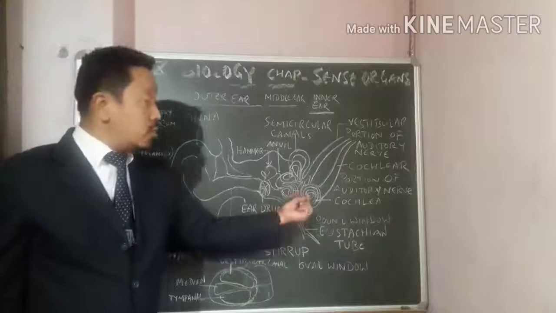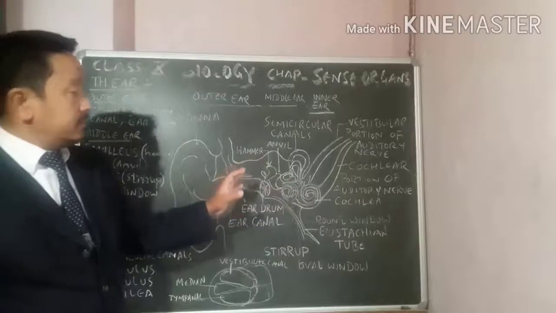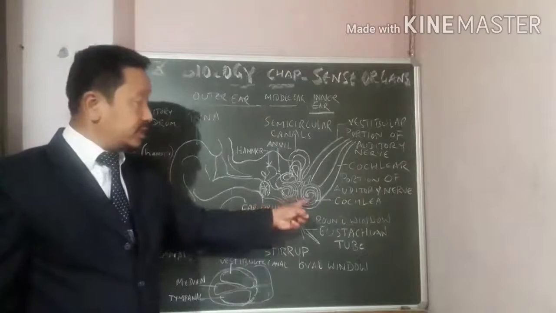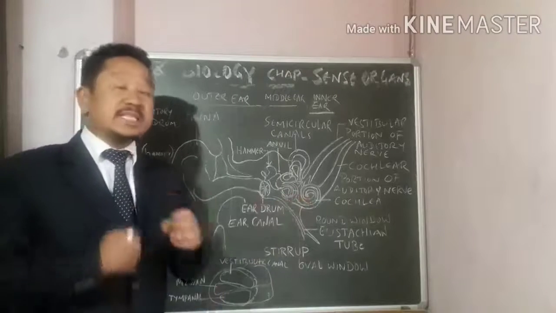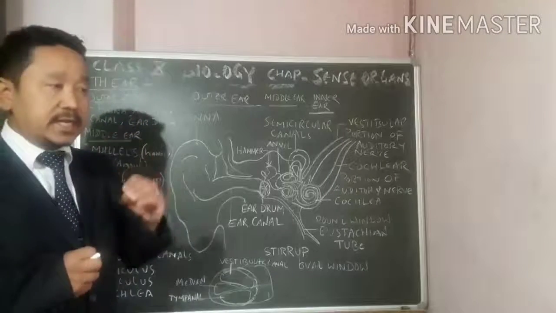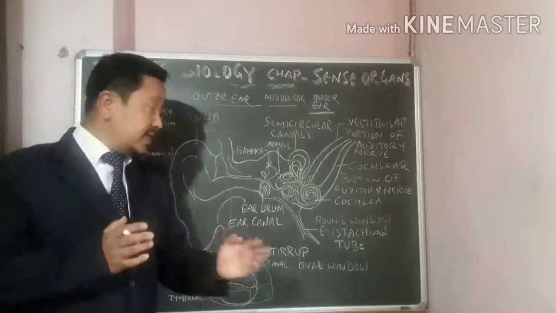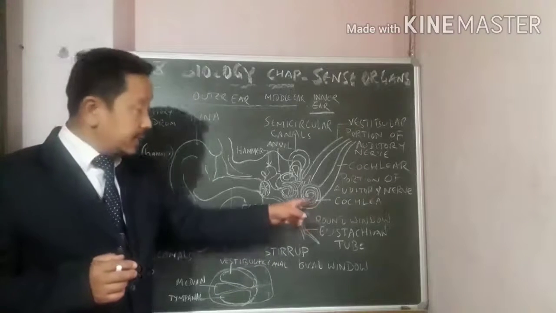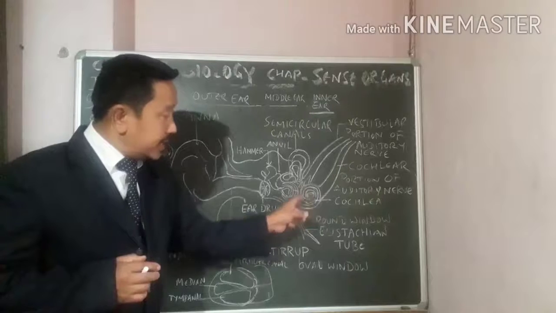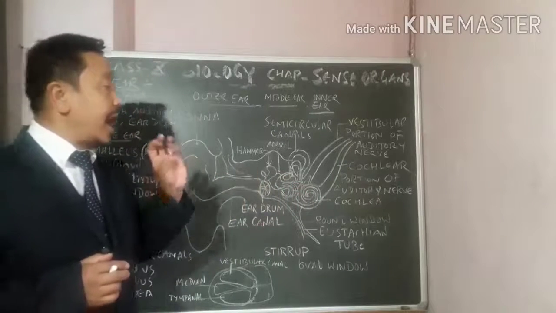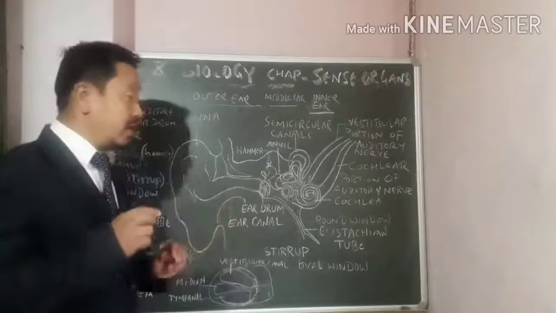This cochlea is spiral shaped, as you see here, something like a snail shell. You must have seen something like that. Its shape is like that, and the canals here make 2.5 turns.